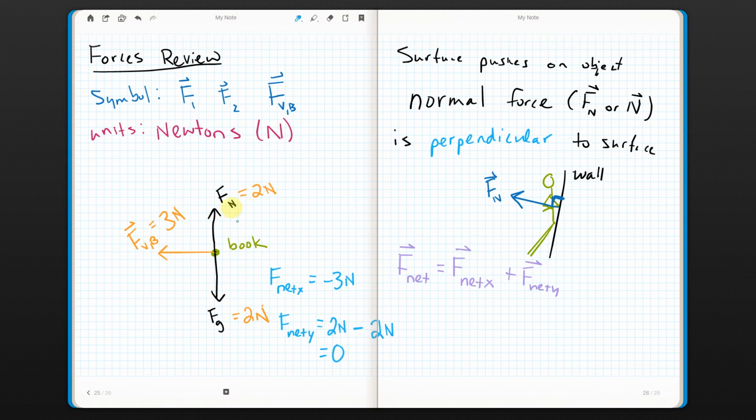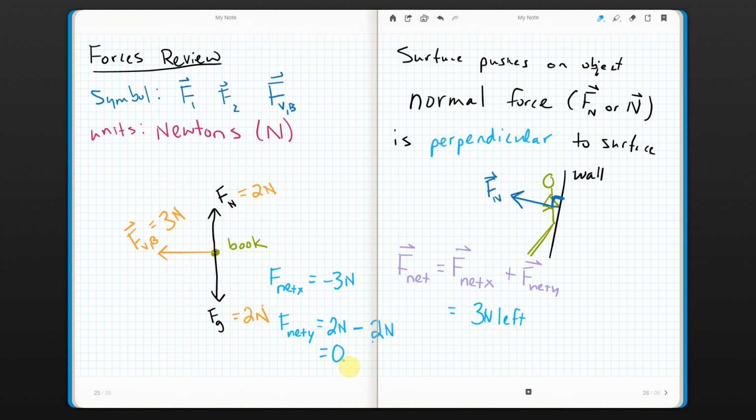I always do up is positive is what I've decided, so up is positive and then minus anything that's negative. And I end up with 0. So the net force total would be what I would get if I added up 3 to the left and 0. Well, that's just going to be 3 newtons to the left.